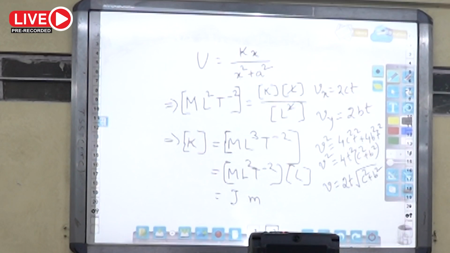Next, 47. If the cable of a lift snaps while the lift is descending, then the weight of a person as felt inside the lift will be 0.